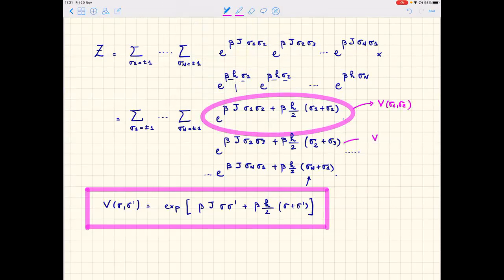This one is V of sigma 2, sigma 3, and so on and so forth, right? You agree?